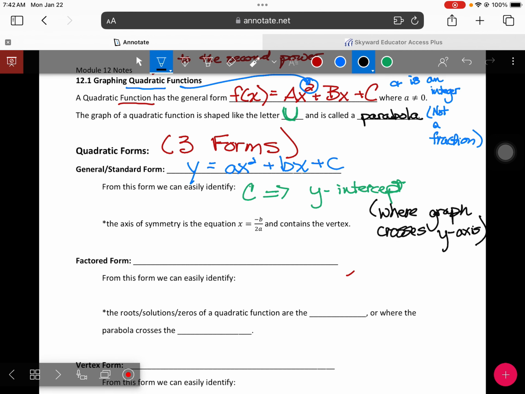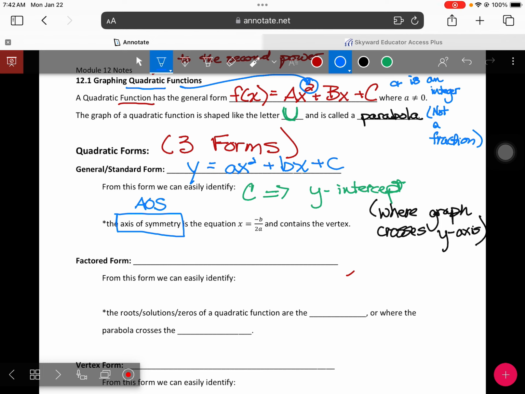Also, we have what we call an axis of symmetry. Sounds kind of negative or nasty. The axis of symmetry, sometimes we abbreviate it as AOS.